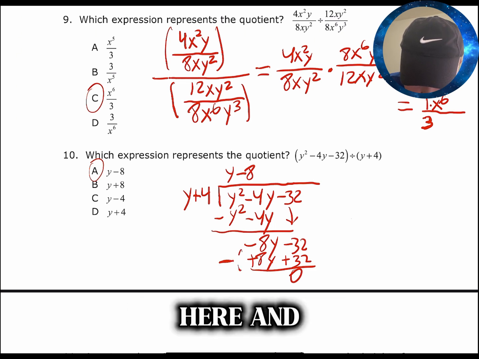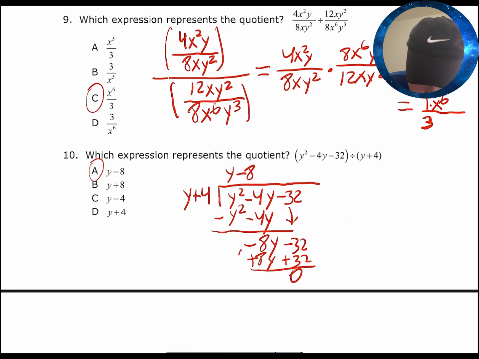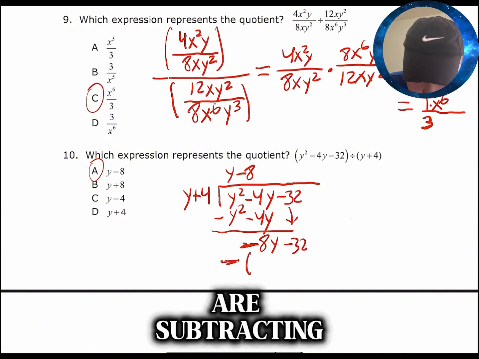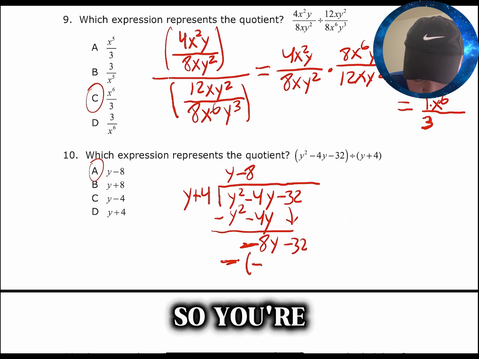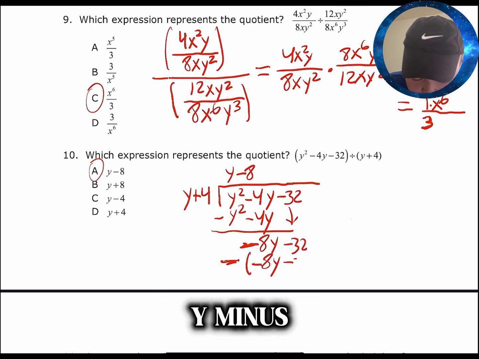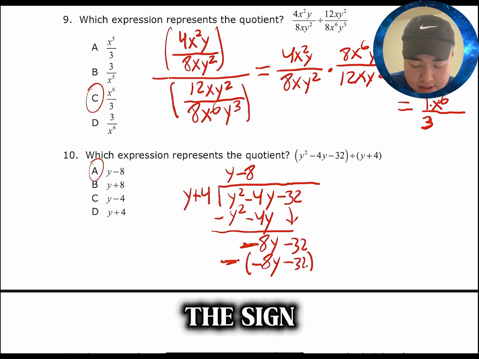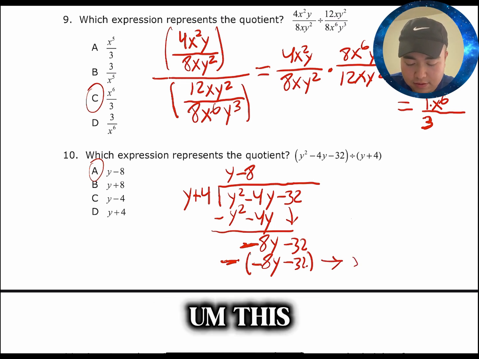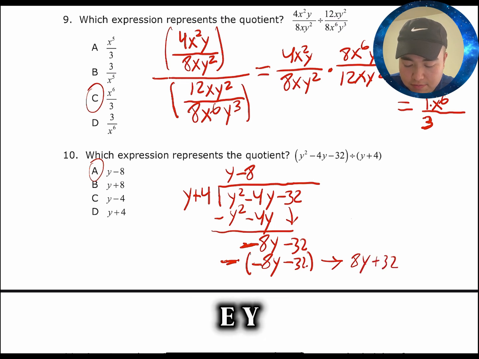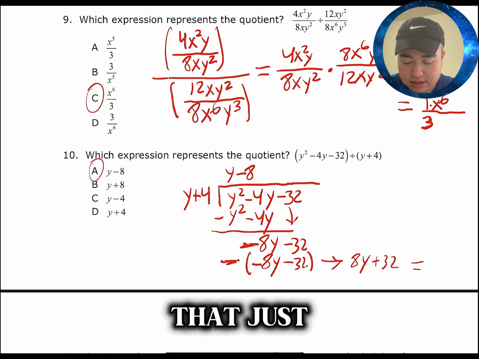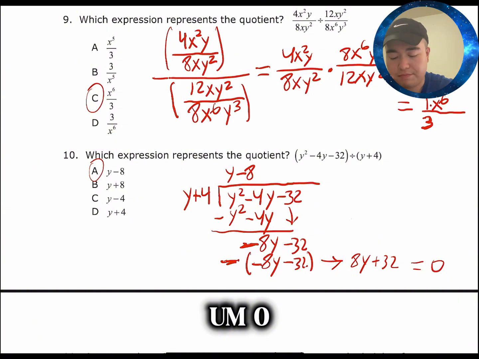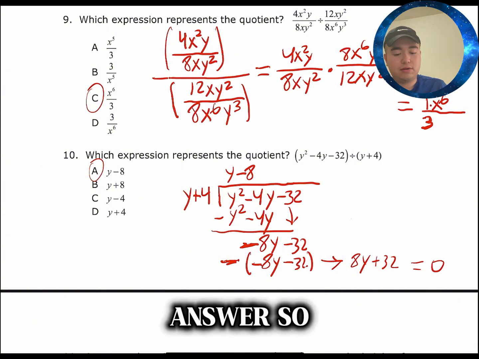Well, you are subtracting. So here's supposed to be a negative 8y minus negative 32, and then you change the sign. This is just 8y plus 32, and then that just cancels out to be 0. So A is our answer.